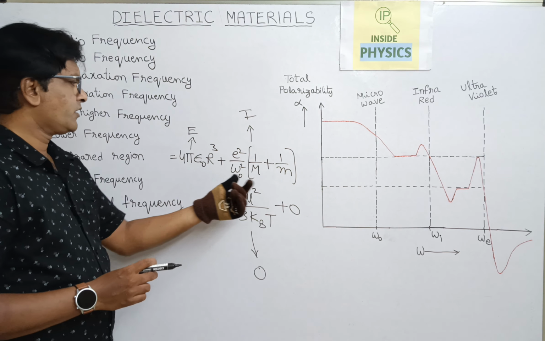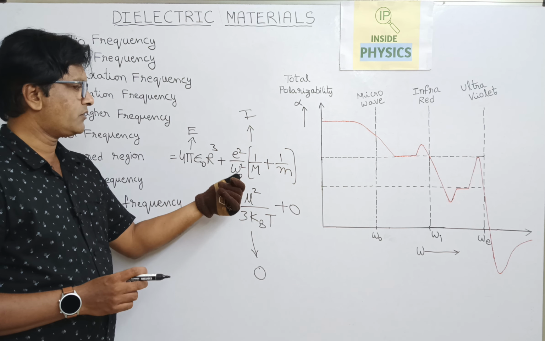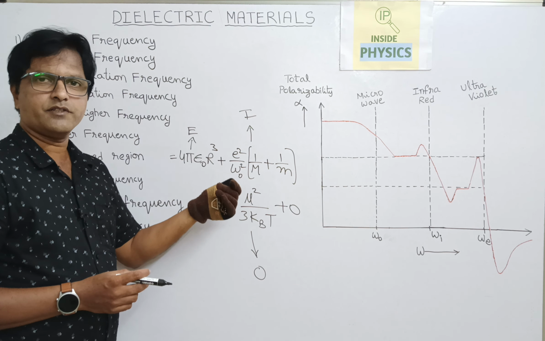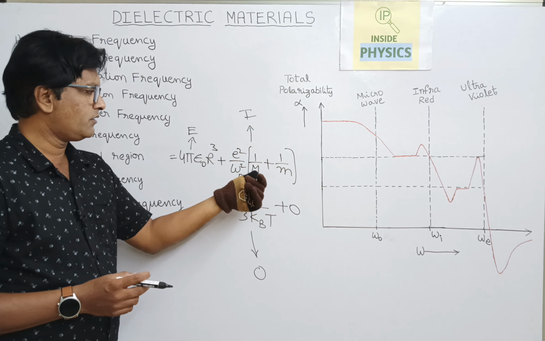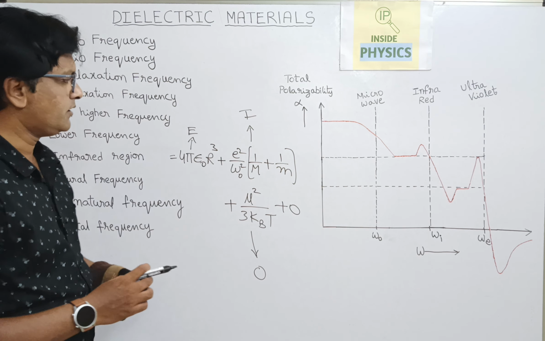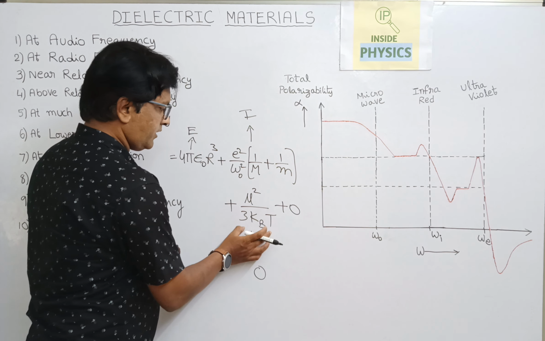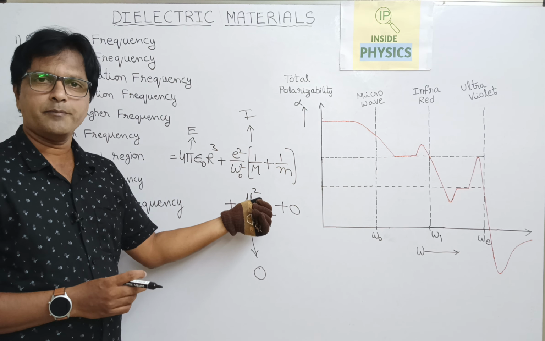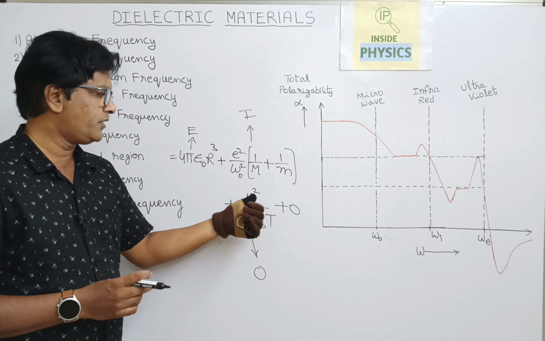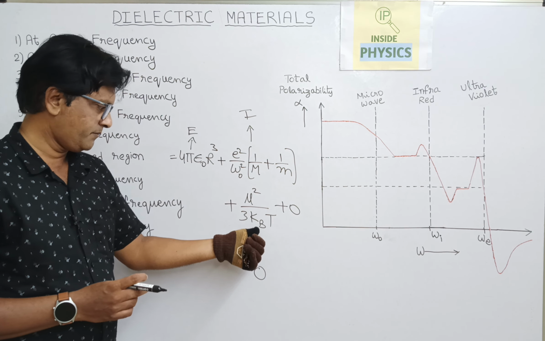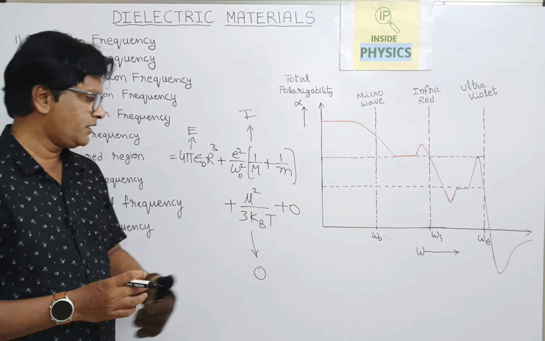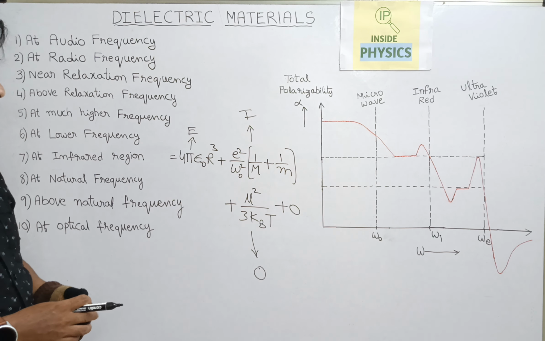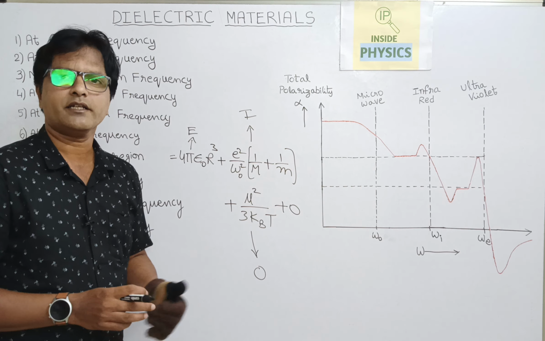Three terms, and here the charge of the electron and the vibrational frequency of the electron, and see the third term: mu square, where mu is the dipole moment, the total dipole moment of the dielectric material. Kb is the Boltzmann constant, T is the absolute temperature of the given gas.